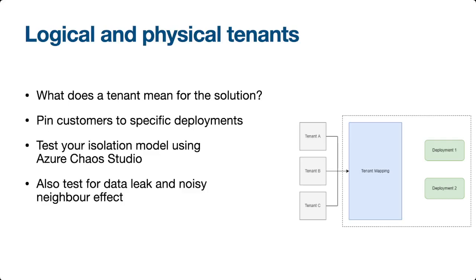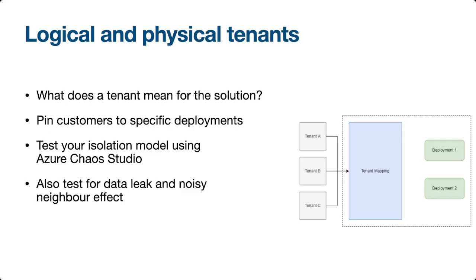That means that you'll need to work out how to assign specific customers to specific instances of your solution. That might be something you do randomly or geographically, or by filling up a single instance and then spilling over into another one. However, you probably need to maintain a record of which customers you have and which infrastructure their data and applications are available on, so that you can route their traffic to the correct infrastructure.